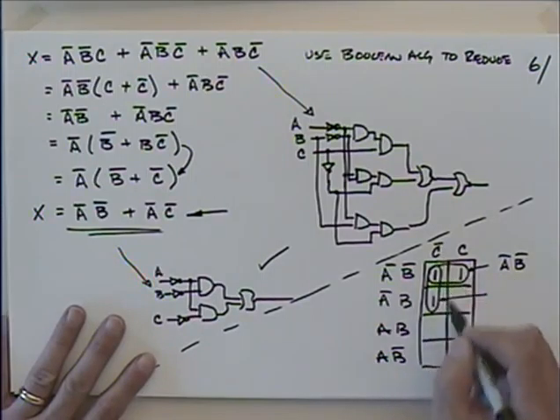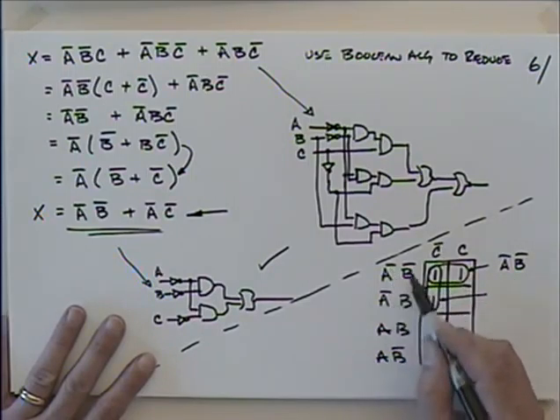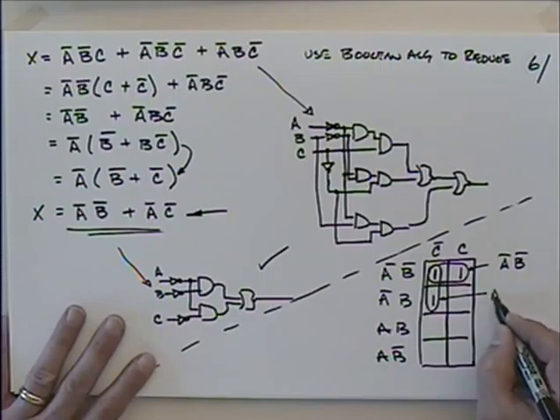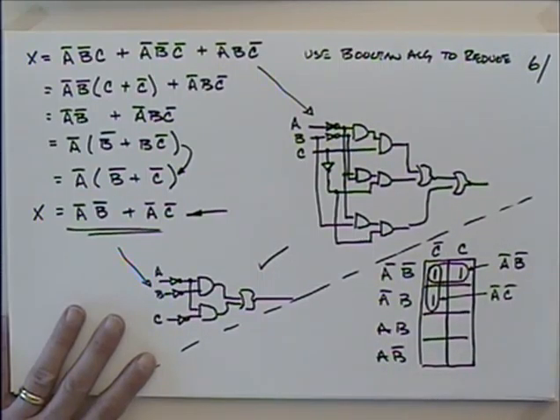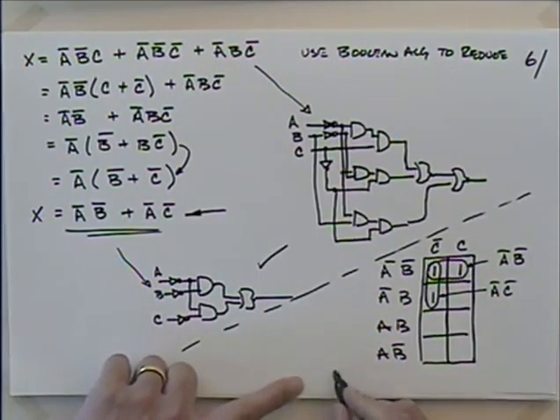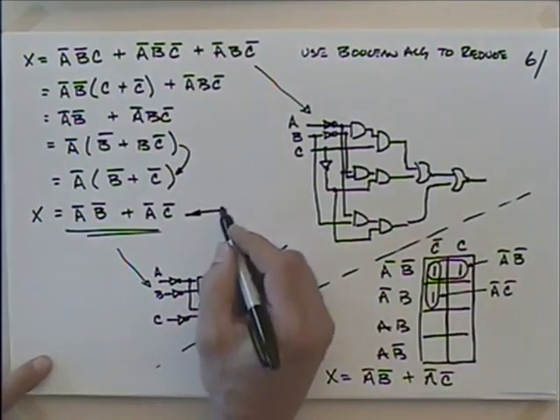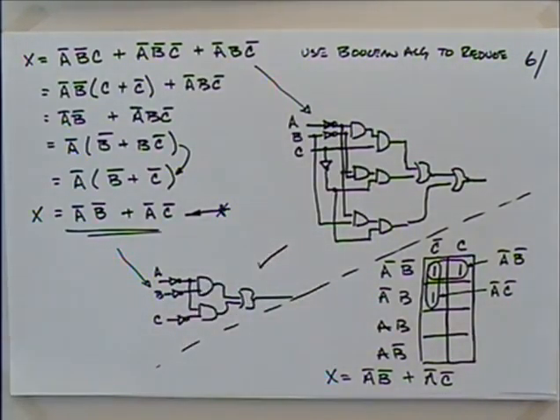Well, not C is apparently important, but whether I have a not B or a B doesn't matter, so I can say that I have not A, not C. So my output is equal to not A and not B, or not A, not C. Is that the same thing we got? Yeah, it is. A lot easier.